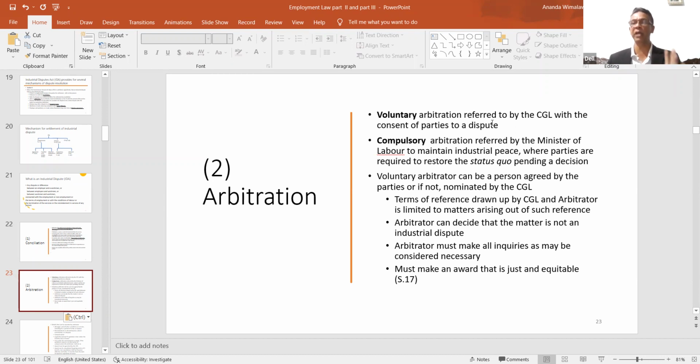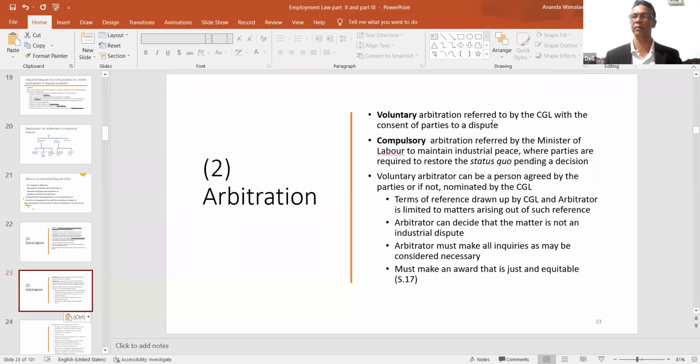So an arbitrator will be appointed and the matter will be referred for arbitration with the consent of the parties involved in the industrial dispute. That is called voluntary arbitration. If parties do not give their consent to refer that matter for arbitration, then the commissioner cannot refer it.